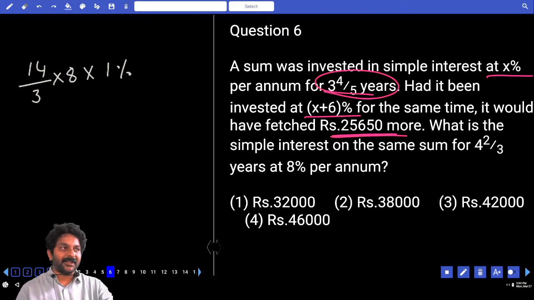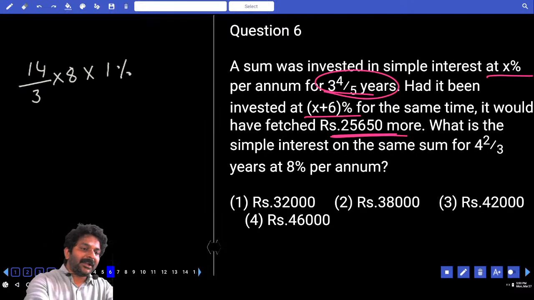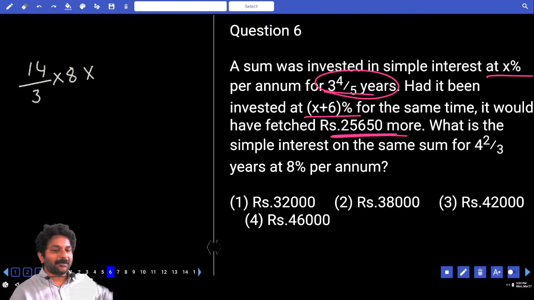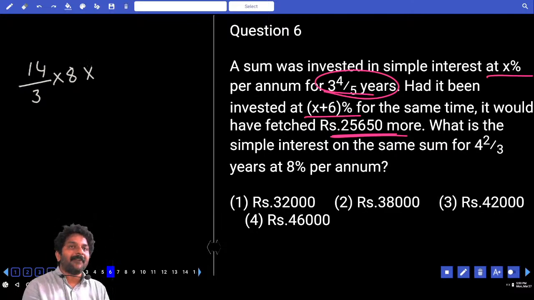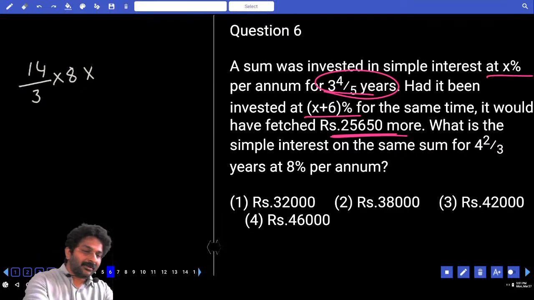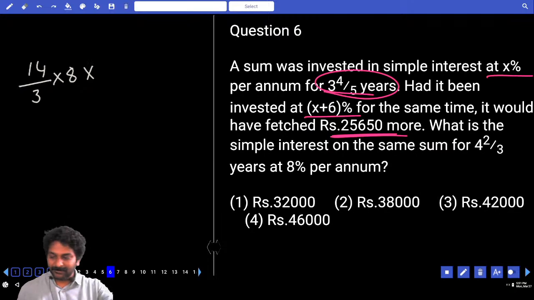The difference amount is 25,650. 25,650 is not the 1% value. You need to identify the respective percentage and divide that number by it, then only you will get X%. So here you are going to have a fraction, and the denominator may be a 7 multiple. So the 7 multiplication rule cannot be applied directly. You need to find that out.